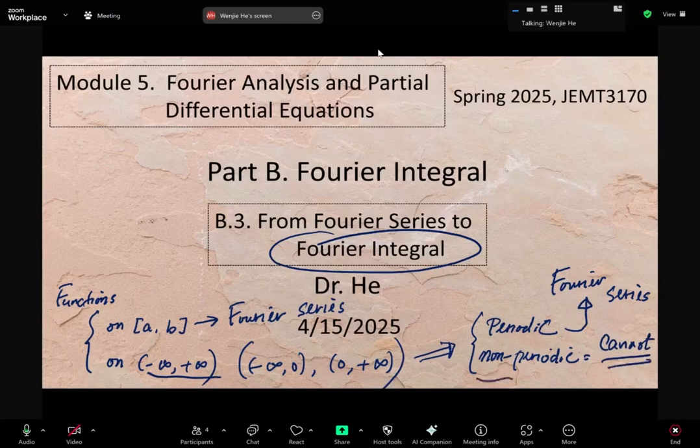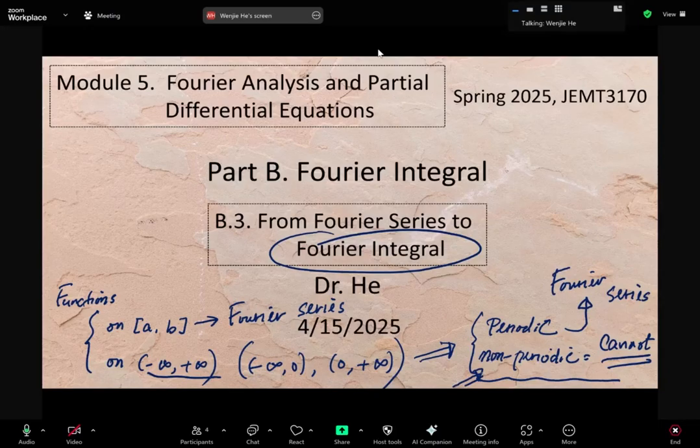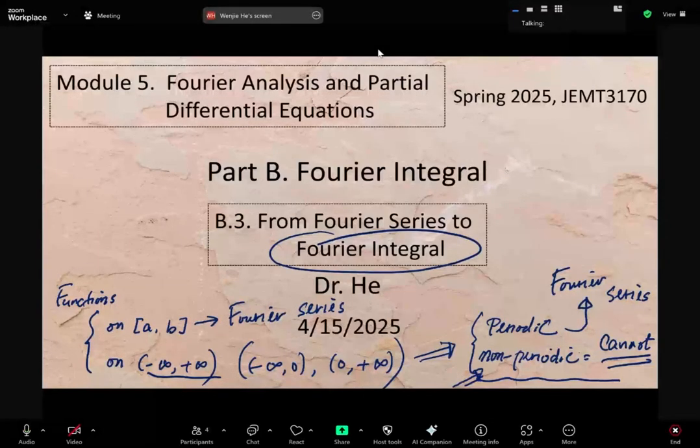For this last case, there are still a large number of functions that belong to this category: non-periodic functions defined on the whole real axis. So we cannot represent these functions as Fourier series.